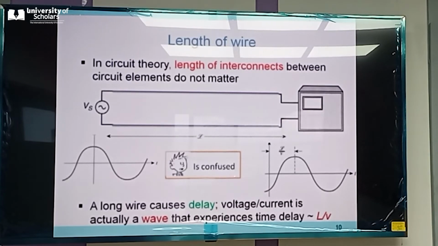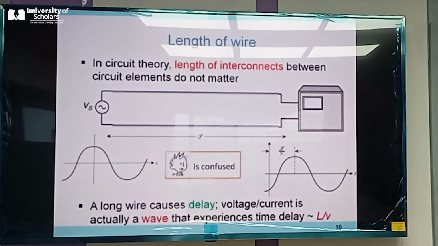Now you might not really understand all this concept at this point, but just keep in mind that whenever a source and a load are separated by a long distance, there is some delay involved, and this delay is not taken into account by circuit theory, whereas it is explicitly taken into account by electromagnetic theory.